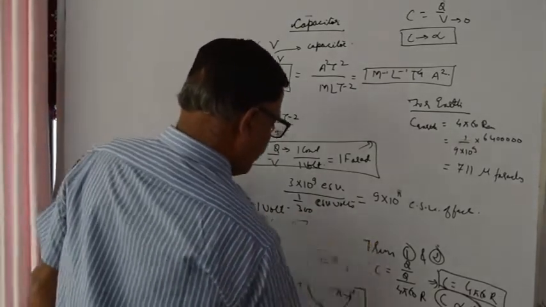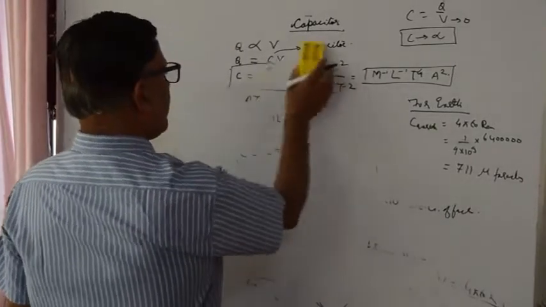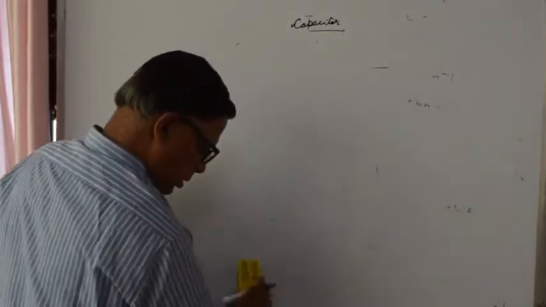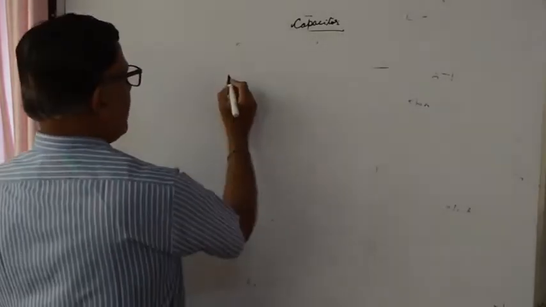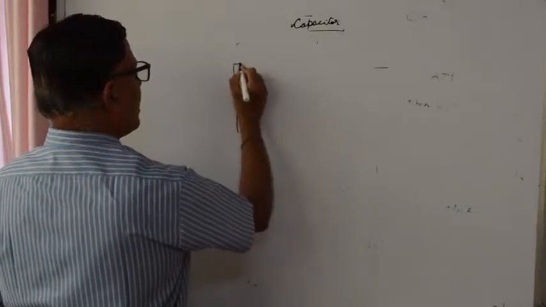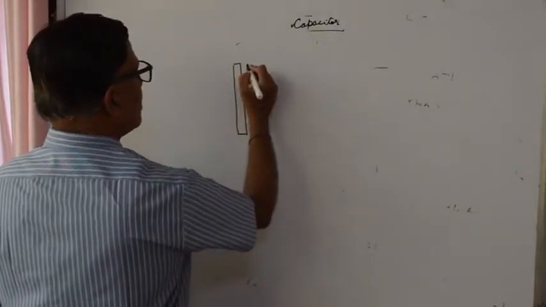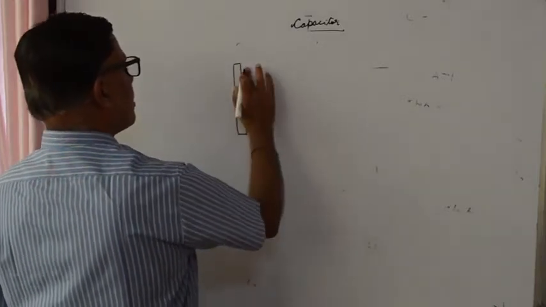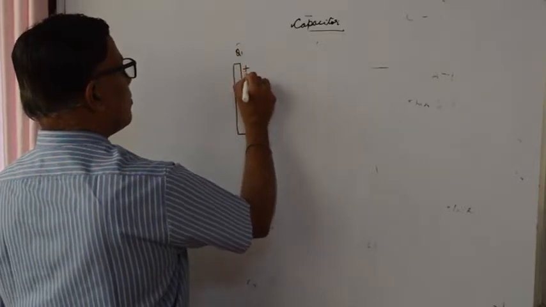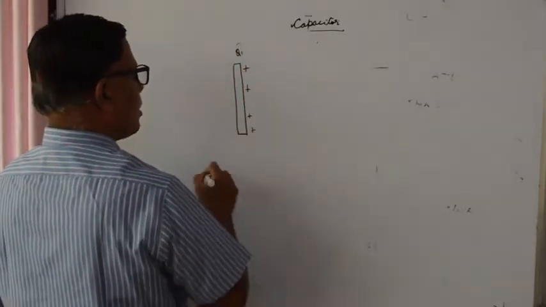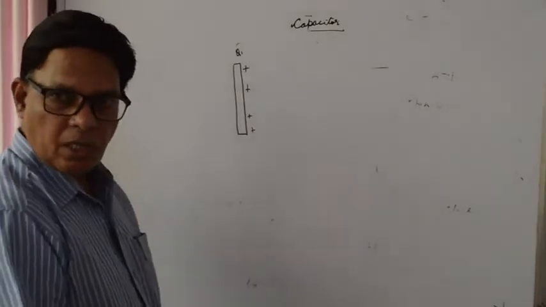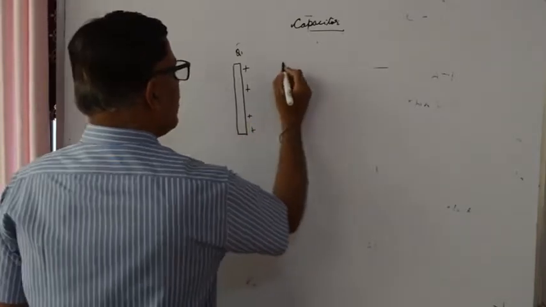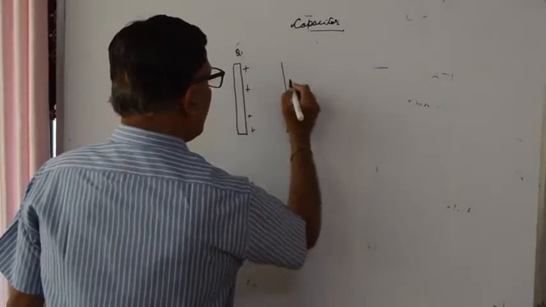Now consider for a capacitor, this is a metallic plate, and it has the charge Q1 so that it attains its breakdown potential, meaning further charge cannot be given to this plate. Now bring in nearby this plate another metallic plate.